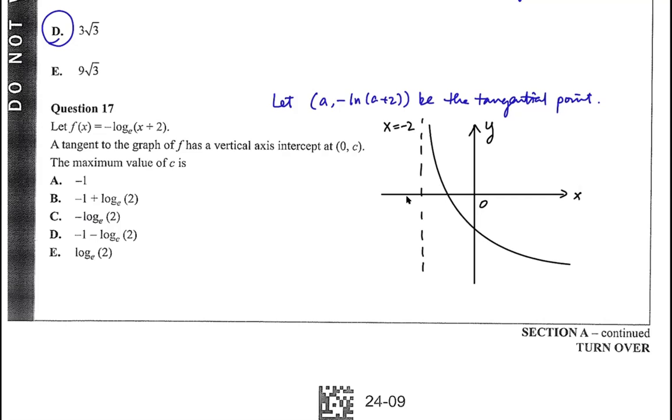Okay? If I'm not mistaken, this is minus 1, 0, the only x-intercept. And here you have 0, minus natural log 2, the only y-intercept. So if you want to pick one point that yields the maximum value of vertical axis intercept, which is the maximum value of c, let's see if this point works.